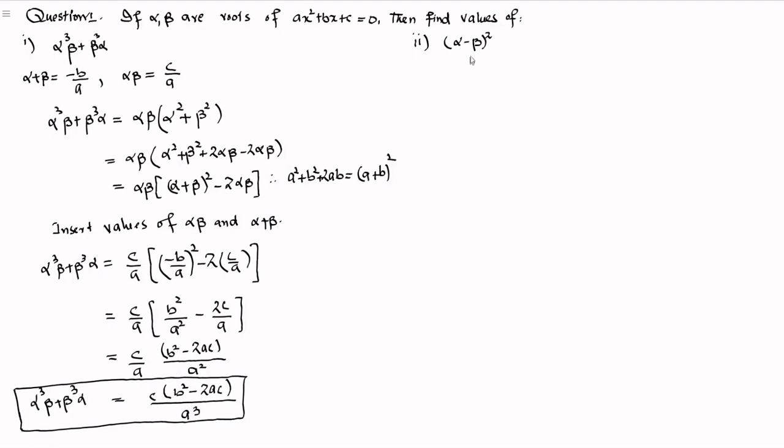Now similarly, this alpha minus beta whole square can be written as alpha square plus beta square minus 2 alpha beta, because a minus b whole square is equal to a square plus b square minus 2ab.